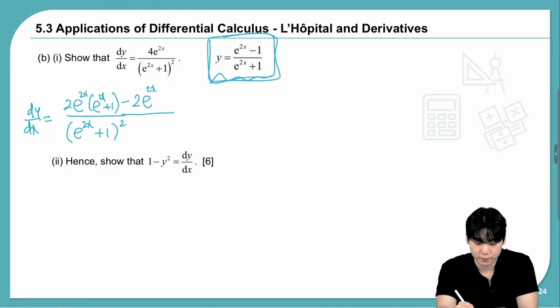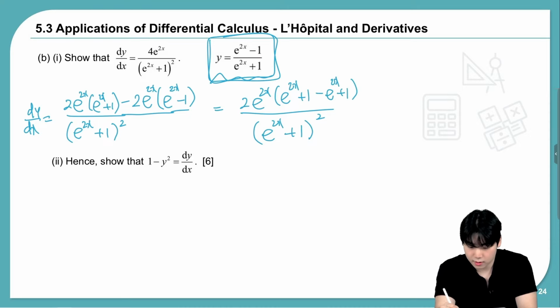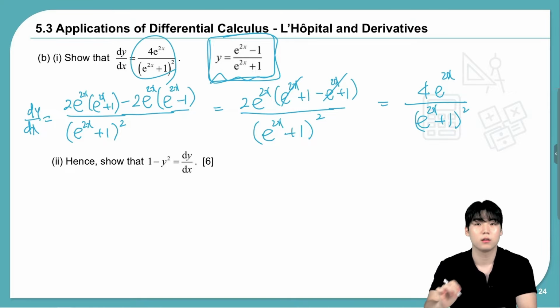I have (e^2x plus 1) squared, and I can just factorize this: 2e^2x(e^2x plus 1) minus e^2x plus 1. Then this 2 cancels out. Now I have 4e^2x all over (e^2x plus 1) all squared, which is the required form.